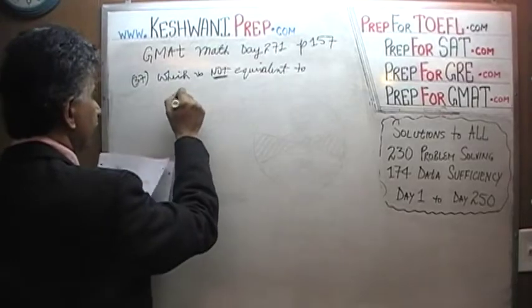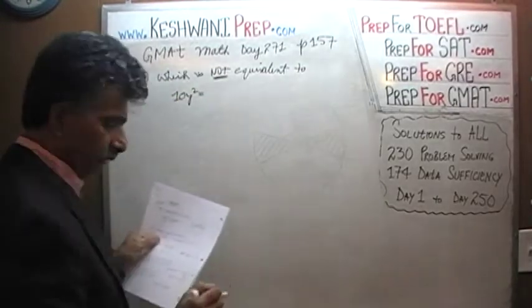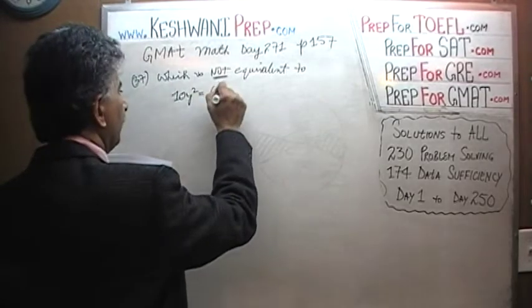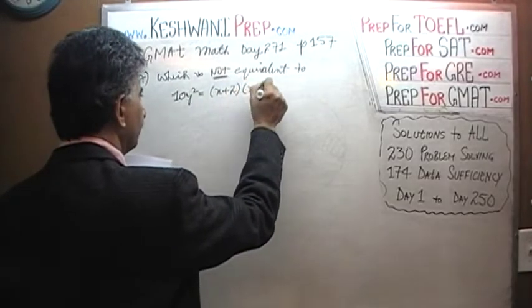And the equation that they give us is 10y squared is equal to x plus 2 times x minus 2.